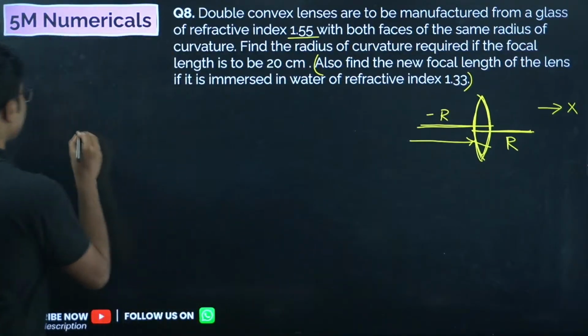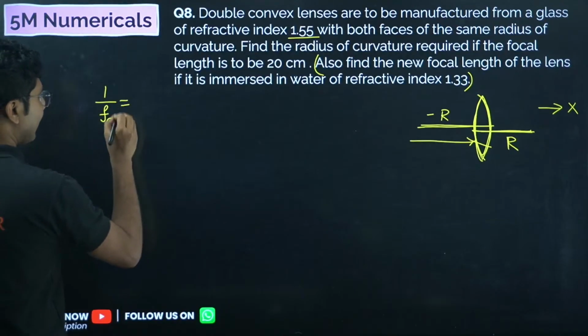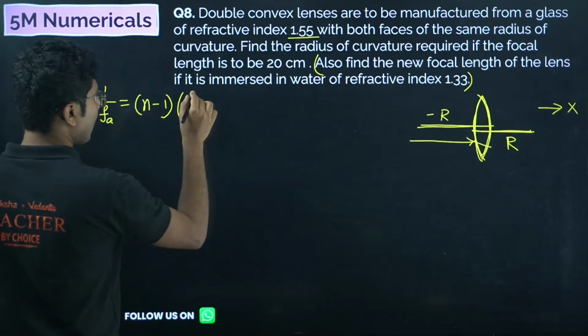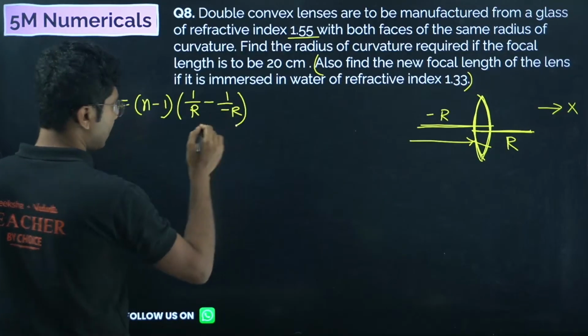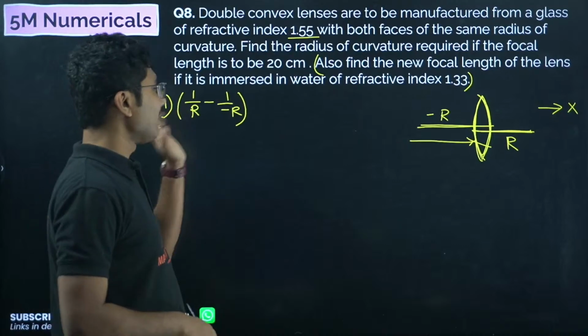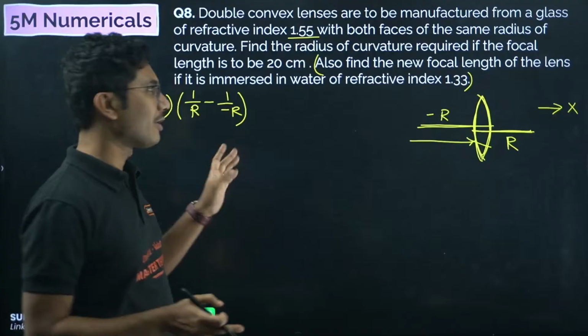Now the lens maker's equation: 1 by f equals (n minus 1) times (1 by r minus 1 by minus r), in air. For a convex lens, it is always easier to remember that the focal length will be positive. There is no cancellation, do not cancel them.